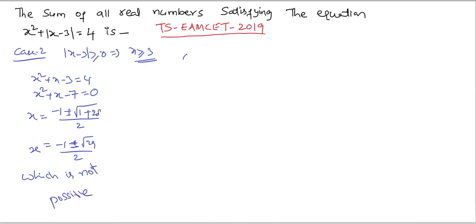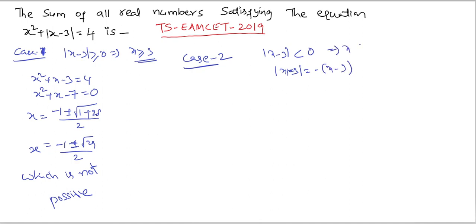Now take case 2. Case 2 is mod of x minus 3 less than 0, that is x less than 3. Mod of x minus 3 is equal to minus of x minus 3.